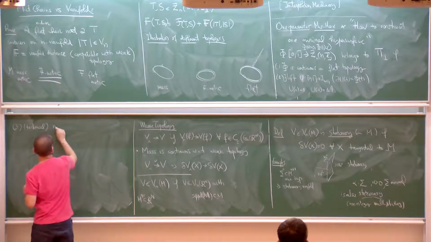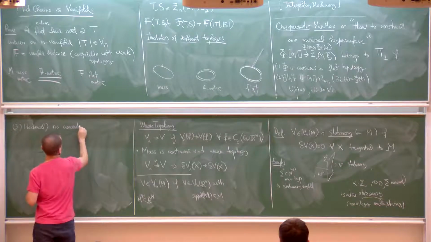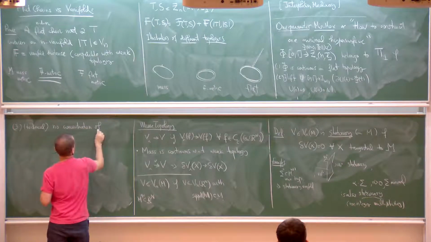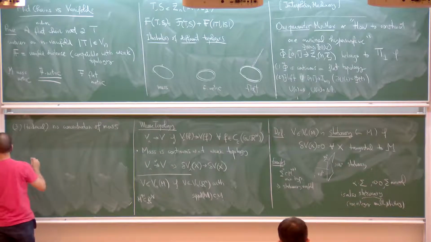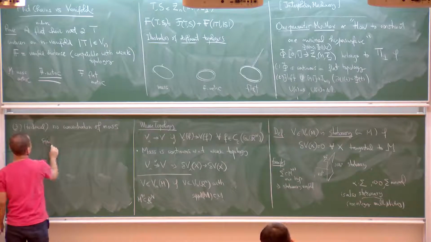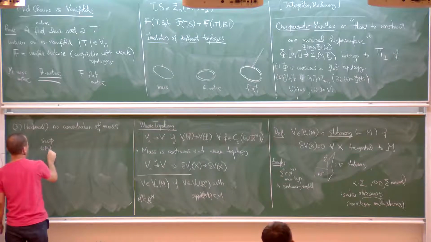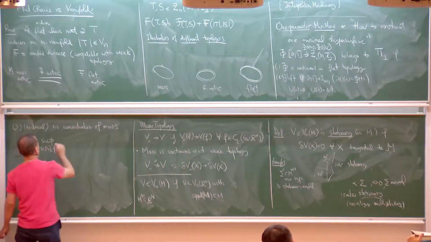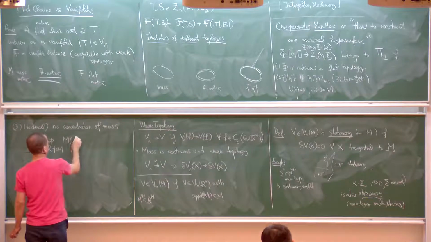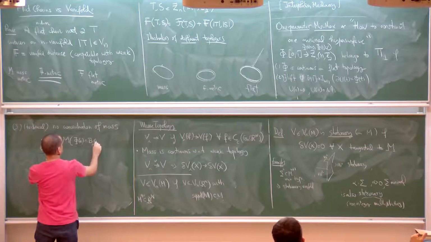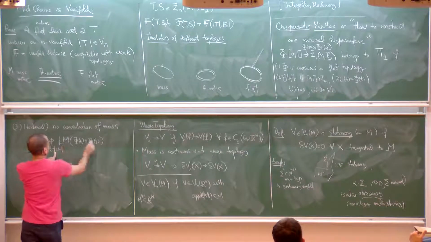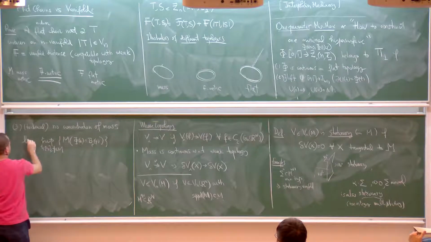It's called the no concentration of mass, which means that if I take the sup over every t in the interval [0,1] and every point p in the manifold of the mass of the intersection of phi of t with the ball of radius r centered at p, and I take the limit of this as r goes to 0, this is 0.